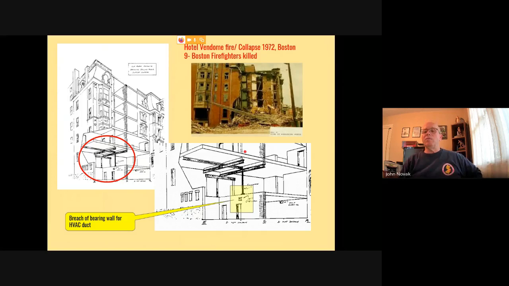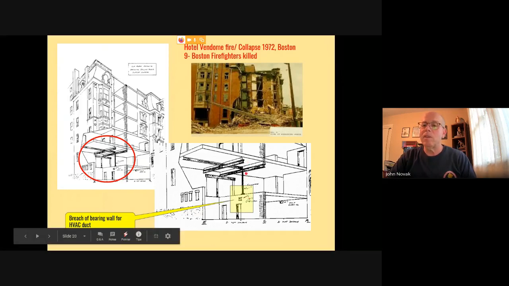So after the fire, we talked about impact loading and live loads: water, firefighters. At some point there was a straw that broke the camel's back, and this column punched through the opening where the duct was, and then it just brought the rest of the building down.